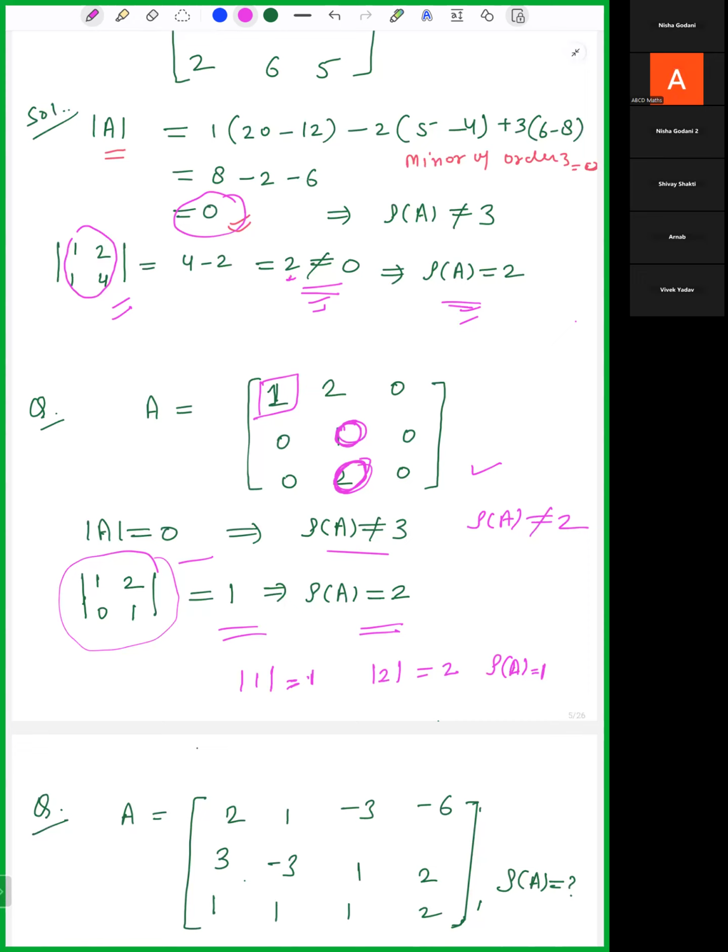Minor 0 means the determinants are 0. So the rank is 1 if I change these two values to zero. Otherwise, the rank was 2. Are you getting this by using this definition? Arnav, is it clear to you?